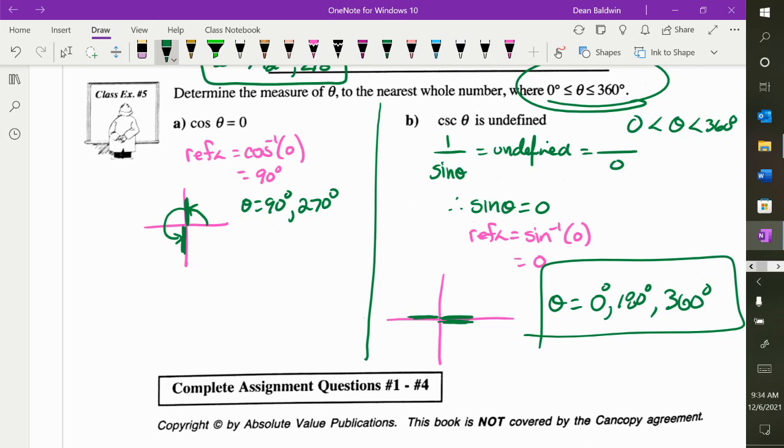So the domain restrictions matter. On a test, I'm not going to give you something that's subtle because I think that's not a nice thing to do. But just be aware that domain restrictions matter. You always have to look at this. We're going to see some in the next little bit after I give you some questions where it's more obvious, but just be aware of that. You always look at the domain restrictions. So we got 3 answers, 0, 180, and 360.